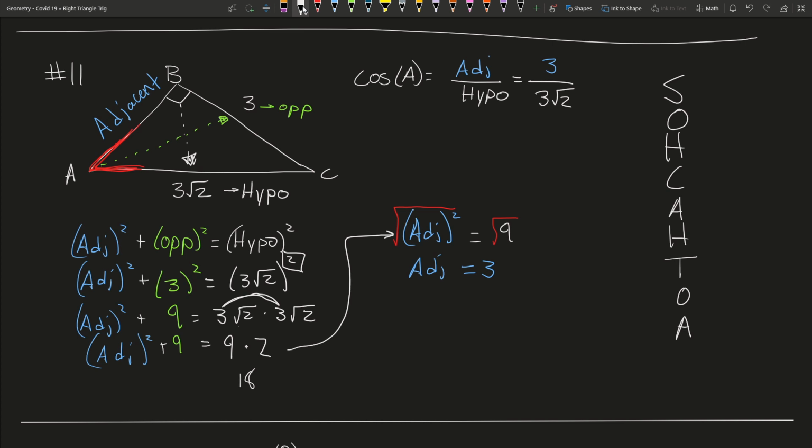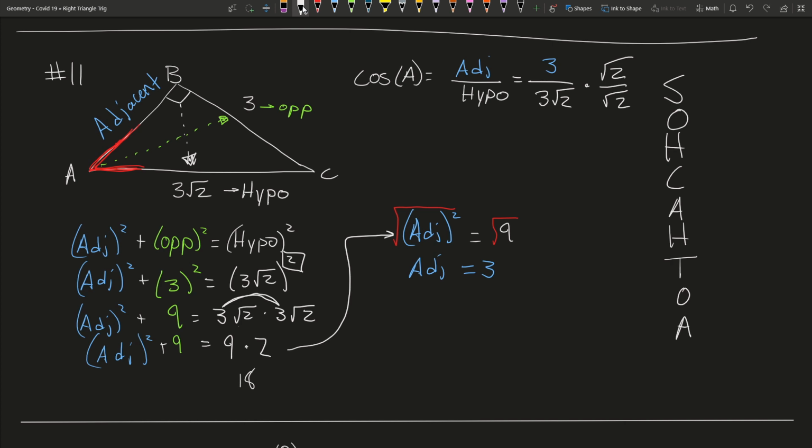Then we just have to look at our answer and see that that is not a rational fraction. And we have to make it a rational fraction. So we have to take 3 over 3 rad 2 and multiply it by this clever form of 1.